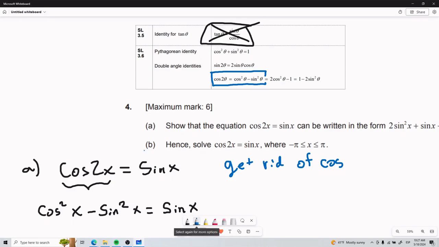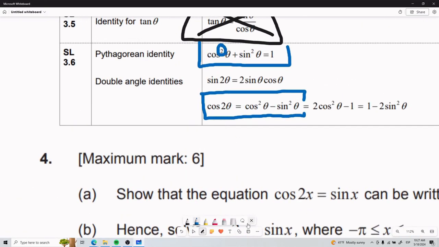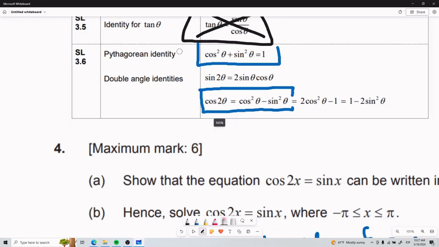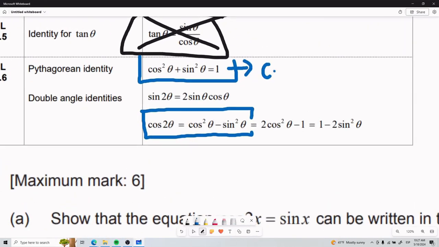So the moment you do this, now this formula looks friendly because it has the squares up there. You can rewrite it and leave cosine alone as cosine squared theta equals 1 minus sine squared theta.